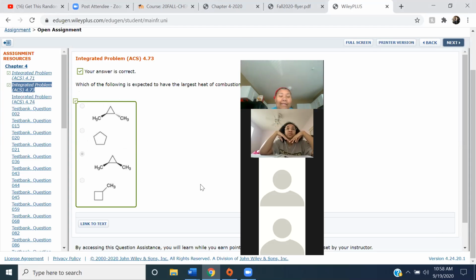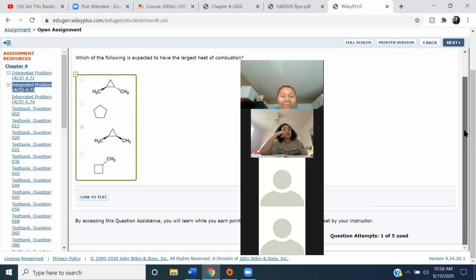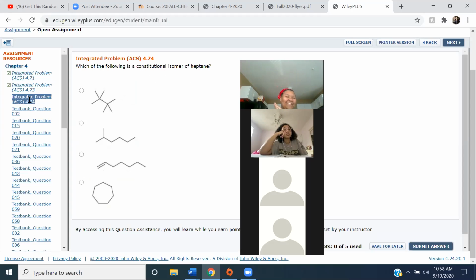The other one, because it's trans, the dipole moment will cancel out, because it's going opposite ways. So it won't have a dipole moment. Look at us. I like it a lot.